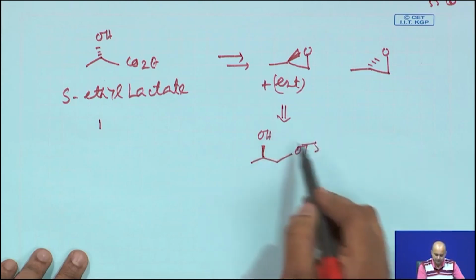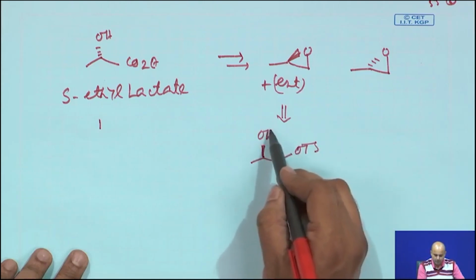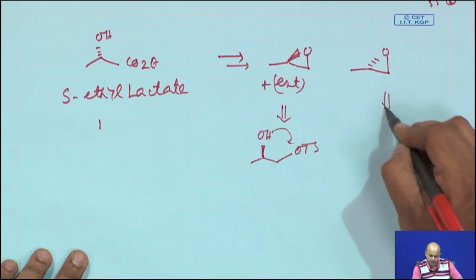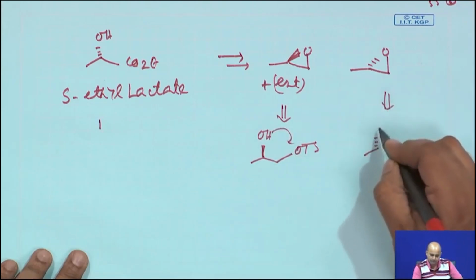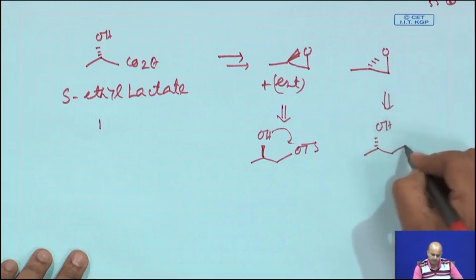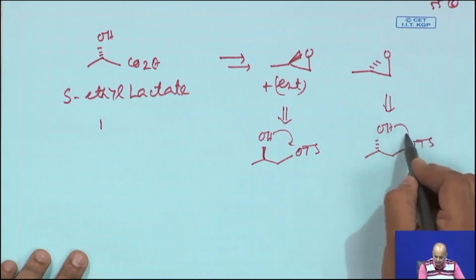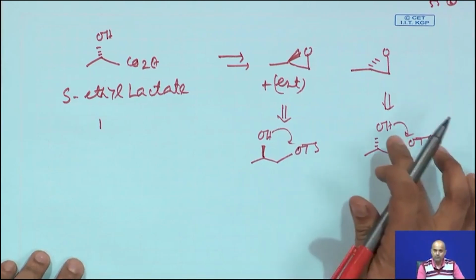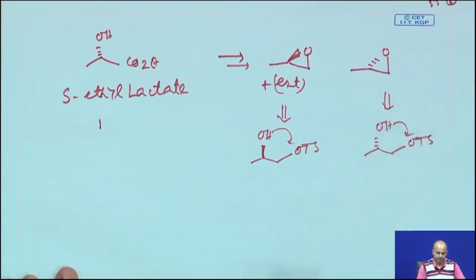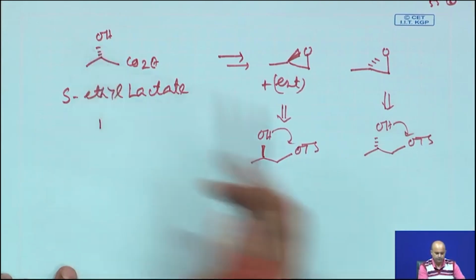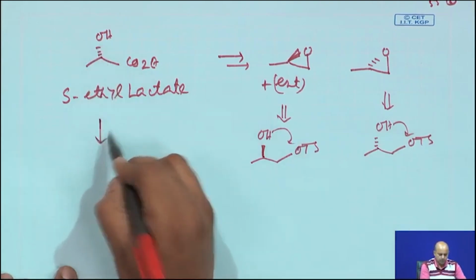Then you will have O minus doing a ring closure. Similarly, if you can get a compound like this, you can do an intramolecular SN2 without disturbing the stereocenter. And the chirality which is given here is this. So now, how to correlate?